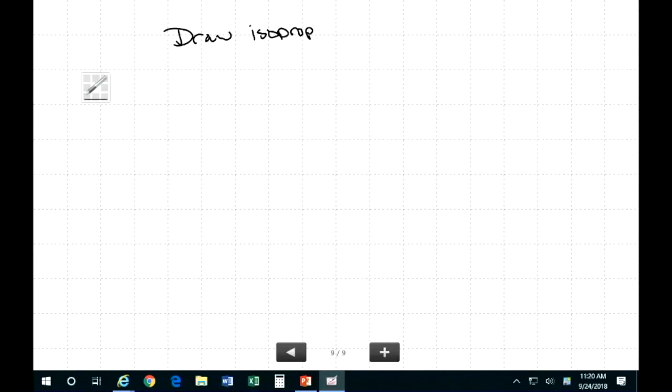So let's say I was like, draw isopropyl cyclohexane. Draw a chair conformation.